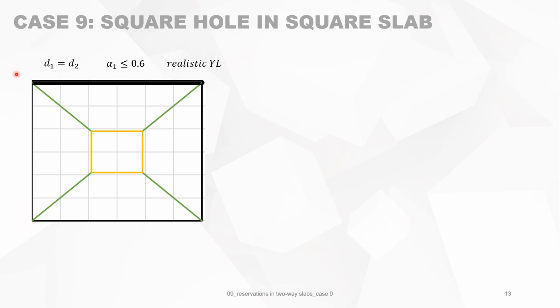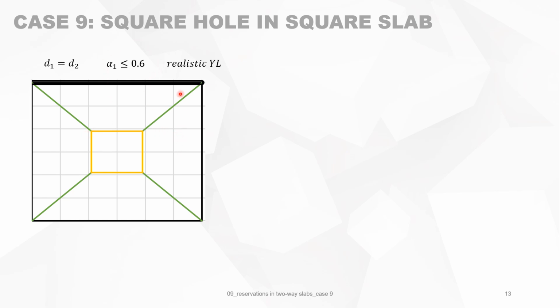Now, let's take a square hole in a square slab. One side of the slab is fixed, the others are simply supported. We know that D1 is equal to D2 because of the square hole. And alpha 1 is smaller than 0.6.